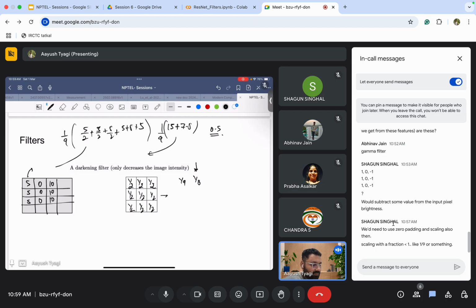It does some sort of a damping. So I think what it should be is 22.5 by 9, some sort of a 2 point something, right?